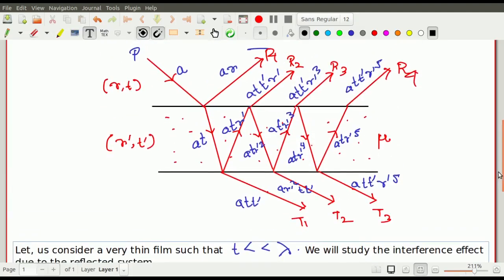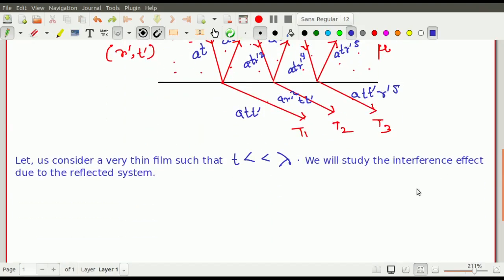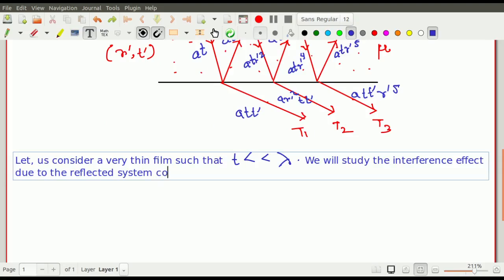You see that in our previous treatment I have taken only 2 of the reflected beams. So I have considered reflection only from R1 and R2, and we have seen the effects of that. But now I say that I will take the effect of all of them in a thin film. I want to take every effect together. We will study the interference effect due to the reflected system, considering all possible beams.